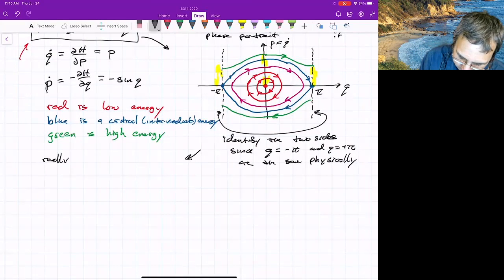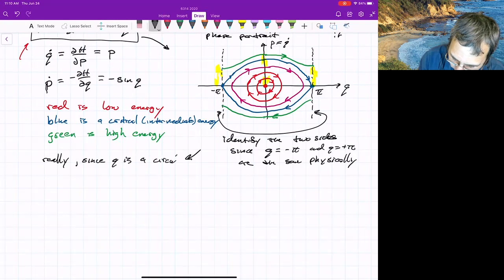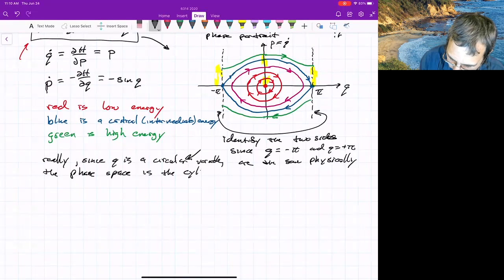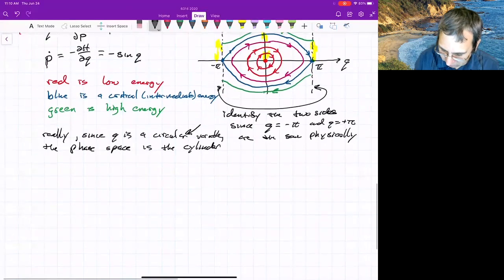So really, since Q is a circular or angular variable, the phase space is the cylinder, or it's cylindrical, right?